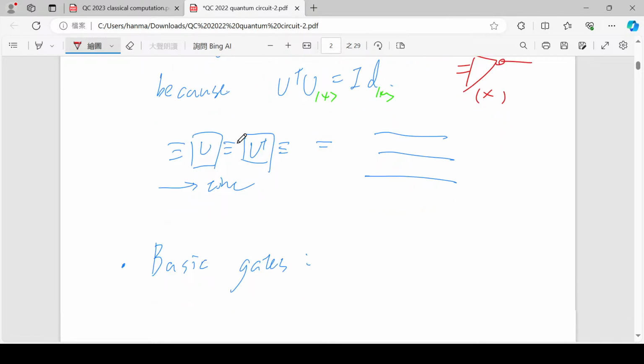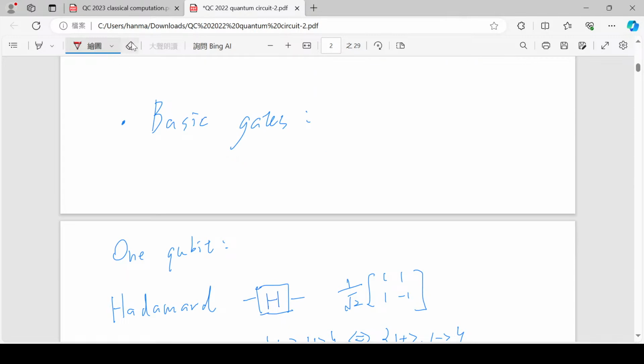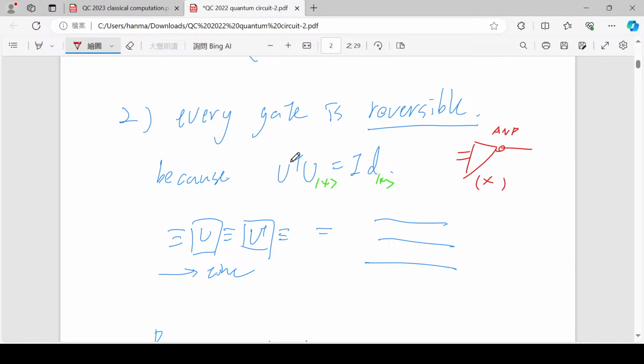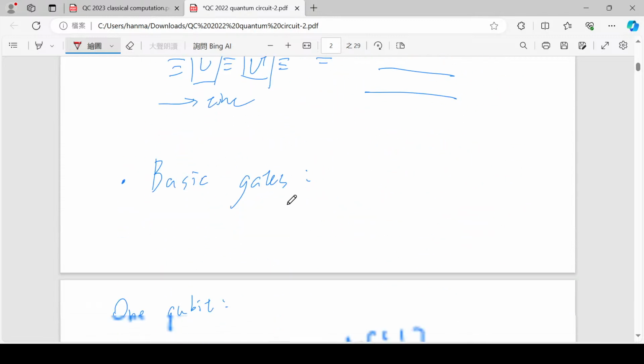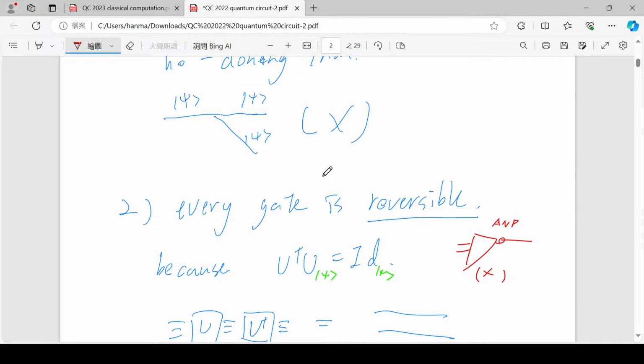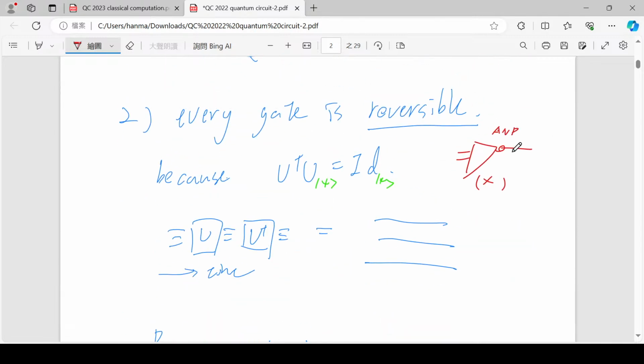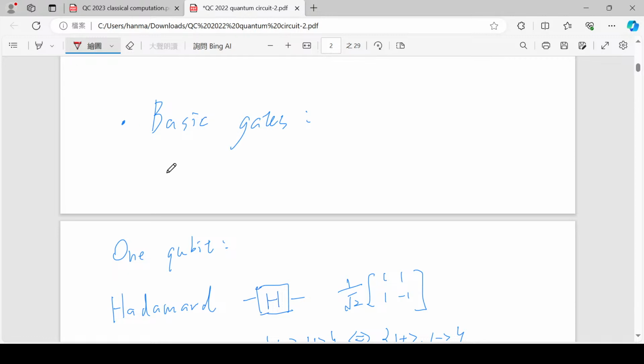So what are the gates that we can do in quantum? Basically any unitary you can do, but we like to piece together our quantum circuit from some basic gates, just like in classical you favor the AND, OR, NOT gates to piece together your circuit.